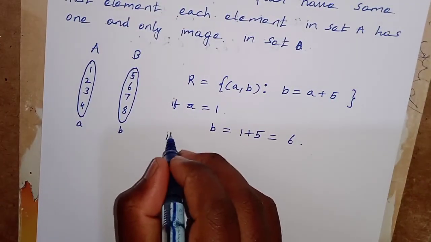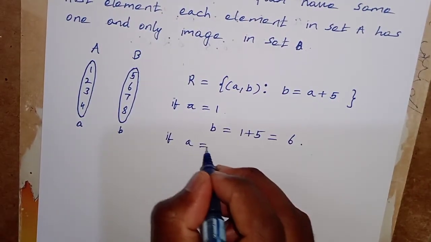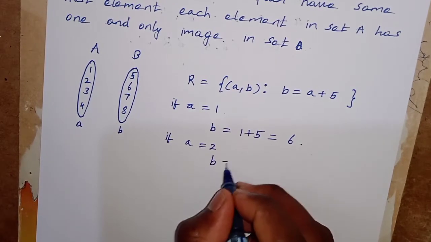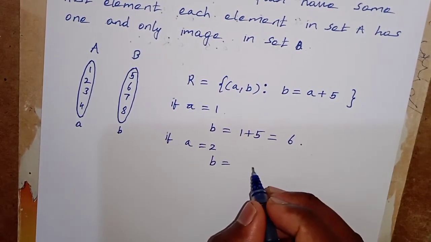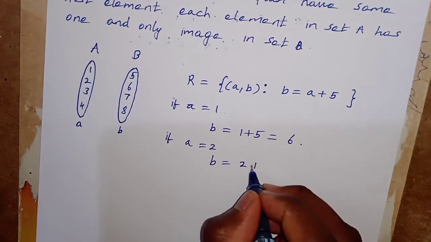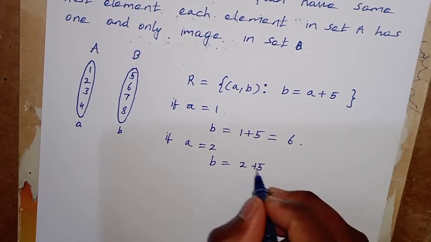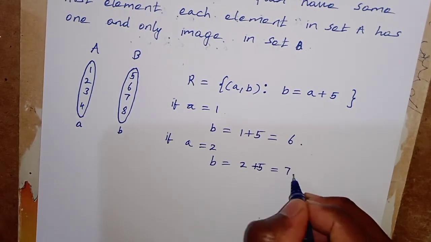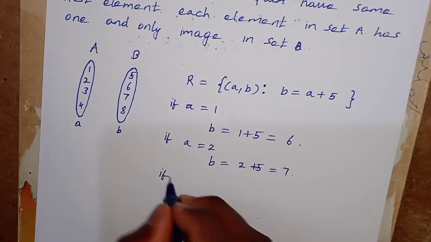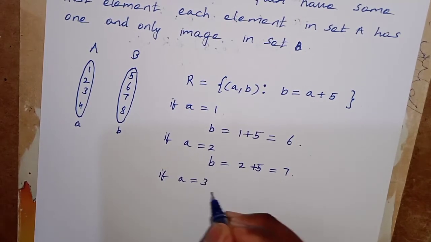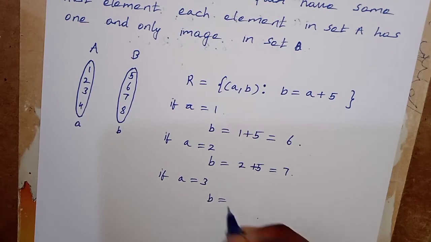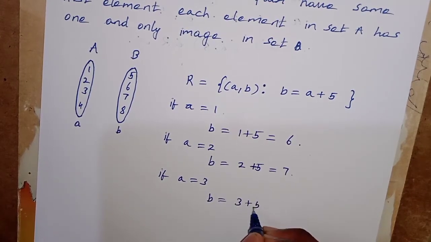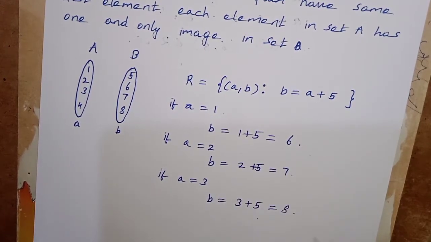Next, if a equal to 2, b equal to 2 plus 5 equal to 7. If a equal to 3, b equal to 3 plus 5 equal to 8.